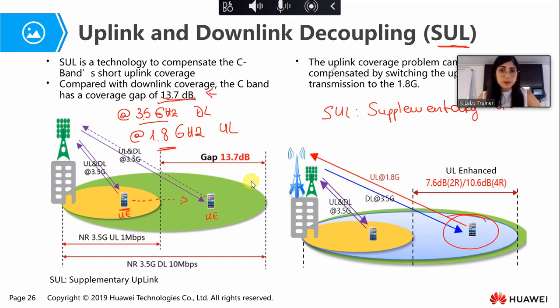So most, not all, but most of the frequencies for 5G work with TDD technology. And to avoid the problem of coverage in uplink and downlink at the C-band, we use the uplink and downlink decoupling. So we will have some dedicated frequencies, like, for example, 1.8 gigahertz, that are used as supplementary uplink frequencies to accomplish uplink and downlink decoupling.